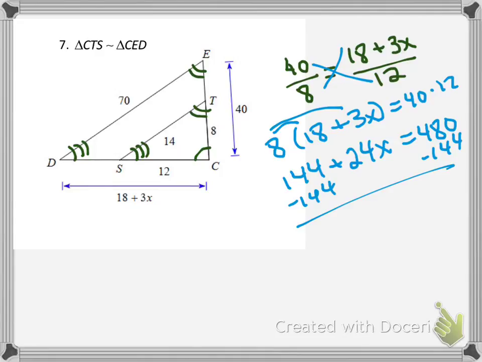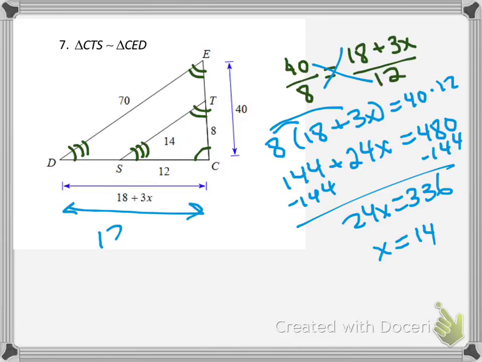And I get 24x equals 336. Lastly, I just have to divide by 24, and I get x equals 14. So this missing side then, here, is 18 plus 3 times 14, which gives me 60.